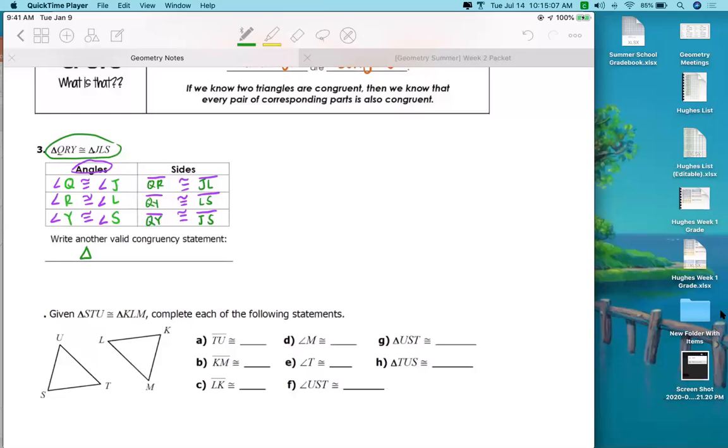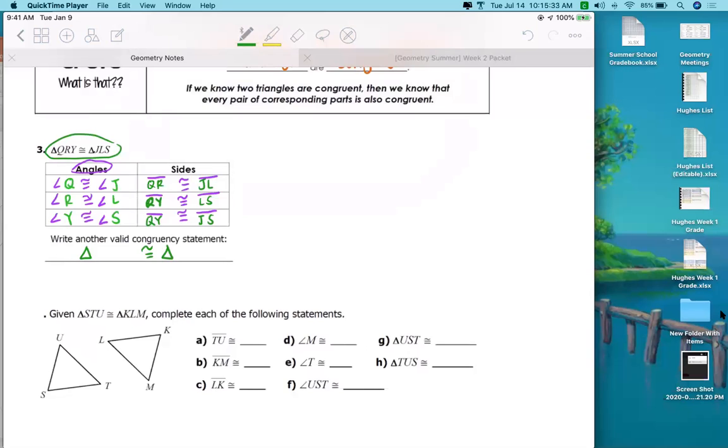Oh, I'm sorry. This part right here should be Q. No, it should be RY. Thank you, Andrew. Is this correct now? Does it look wrong? I think it's good now. Okay.